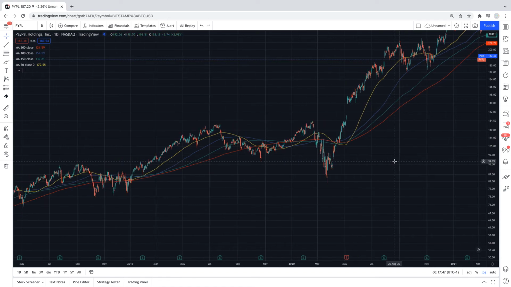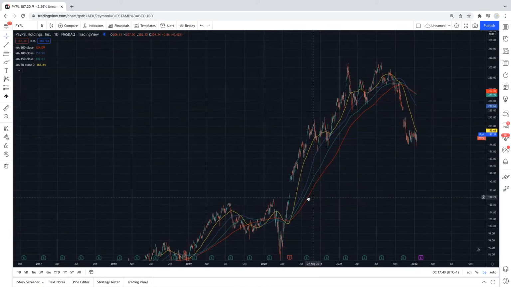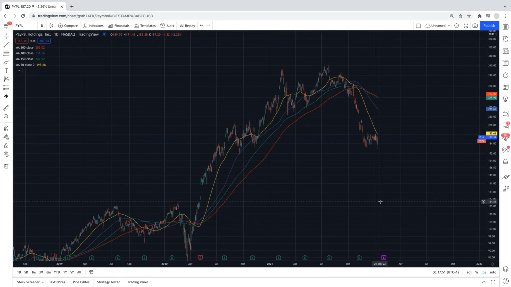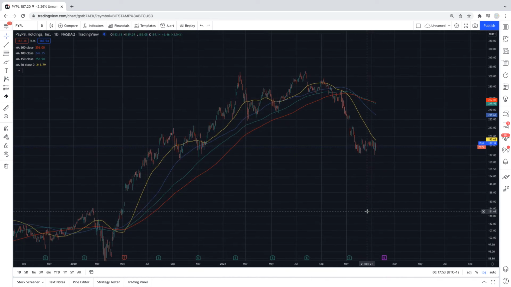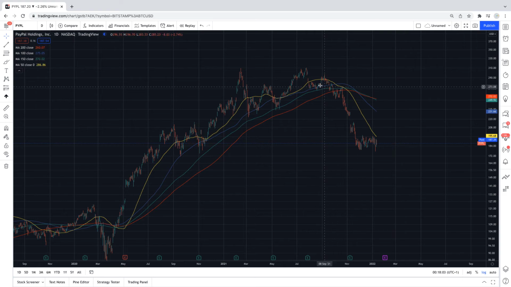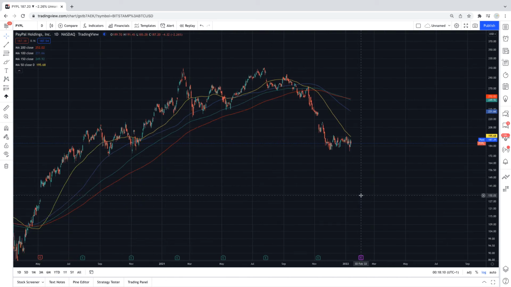But if you zoom into where we are right now on the chart, what you can see is that the moving averages, all of them, not just the short ones, even the long ones like the 200-day, are all pointing lower. And of course, that is just a function of the stock having dropped quite a bit and for quite an extended period of time, like at least a few months.